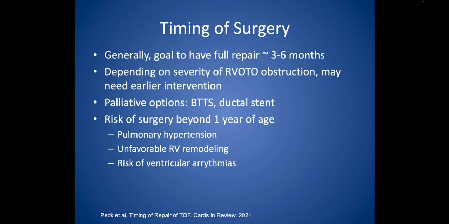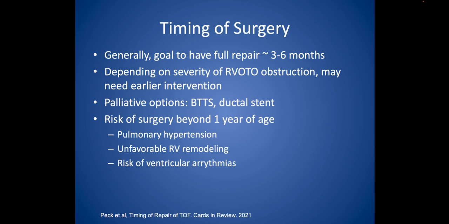The risk of surgery beyond 1 year of age generally talks about the risk of pulmonary hypertension, similar to VSD physiology, where you have extra pulmonary blood flow and shear stress that's ultimately causing remodeling changes for long periods of time.